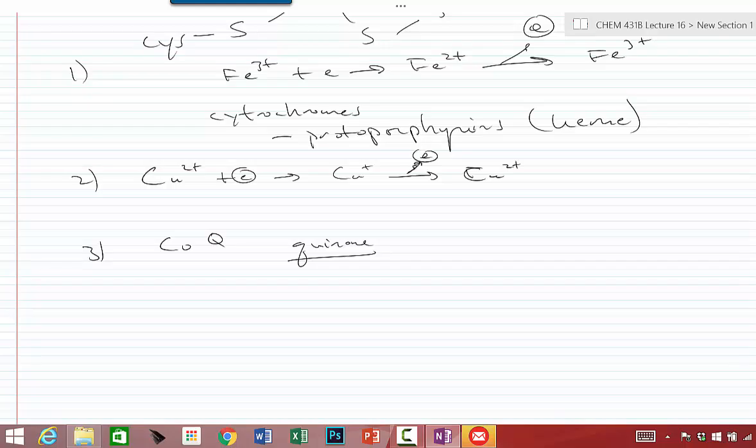And that happens by having another hydrogen come on, and it's going to just bind with that unpaired electron that's on the oxygen, and so now we have reduced coenzyme Q, which basically has two alcohol groups. No more ketones on here. Okay, so that's the mechanism for this quinone.